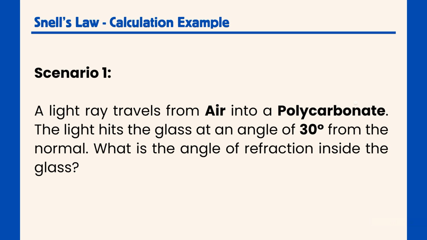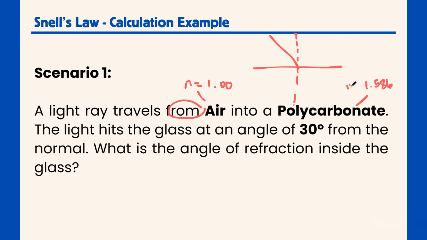Scenario 1: a light ray travels from air into a polycarbonate. So it comes from air, which is n1. That is n equals 1. And the value for polycarbonate is 1.586.